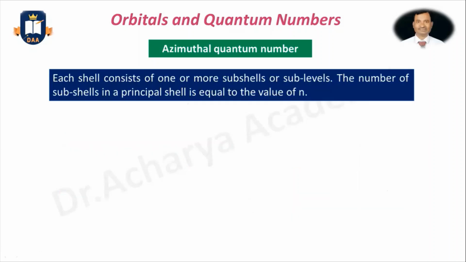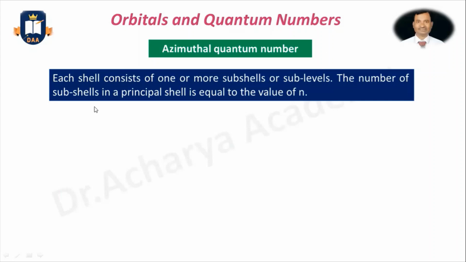Each shell consists of one or more subshells or sublevels. These subshells and sublevels are related to the azimuthal quantum number. That's why each shell, which is related to the principal quantum number, has a number of subshells, which is based on the azimuthal quantum number.